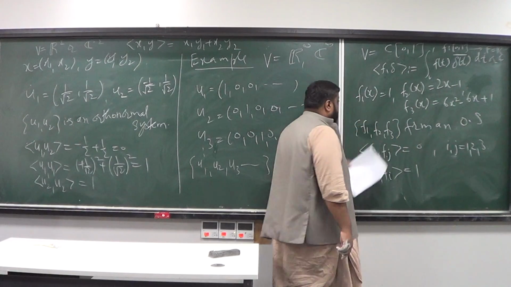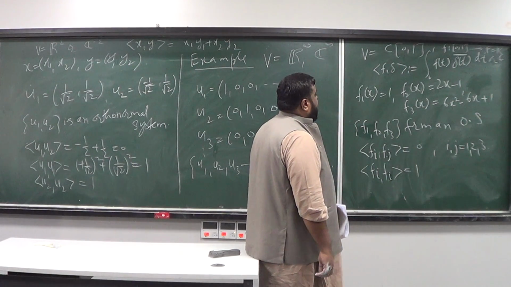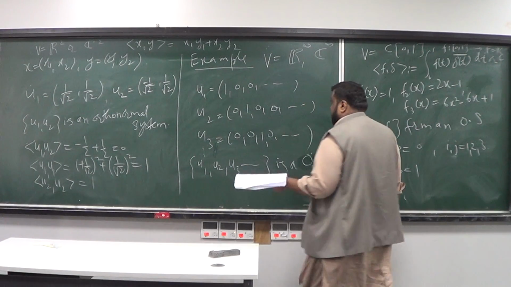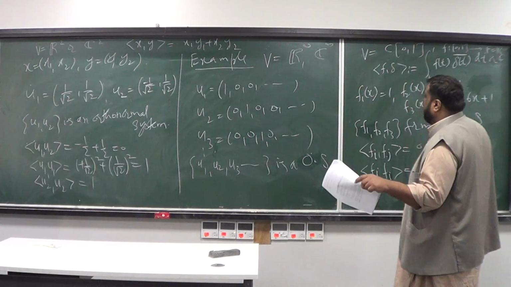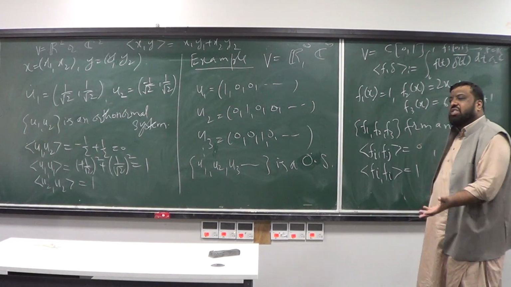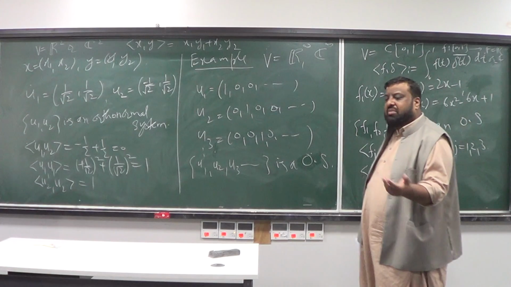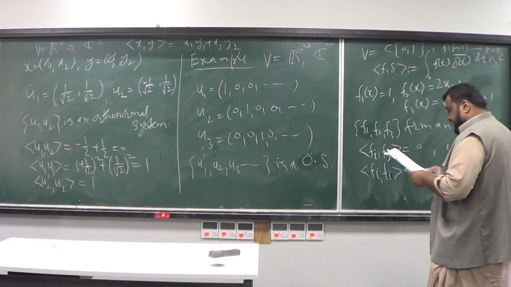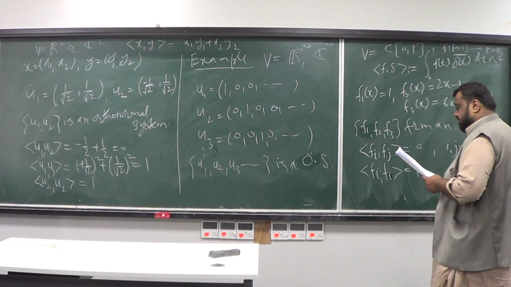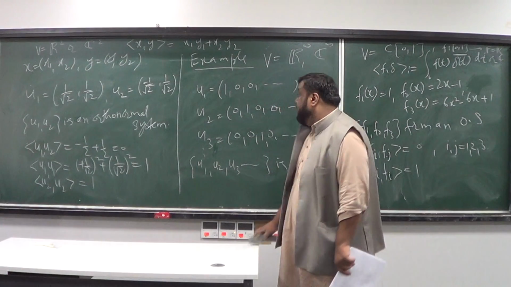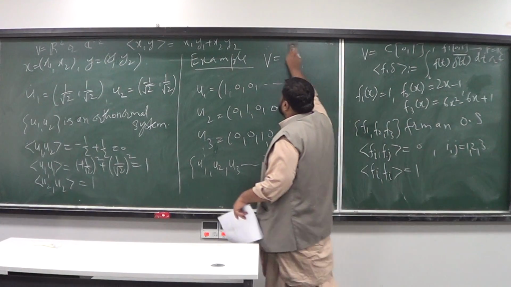So you can do these calculations and check that this forms an orthonormal system. What do we mean simply by an orthonormal system? If you have a sequence of vectors whose magnitude is 1 and they are mutually orthogonal to each other, you're going to call that system an orthonormal system. So what is the beautiful thing about an orthonormal system?